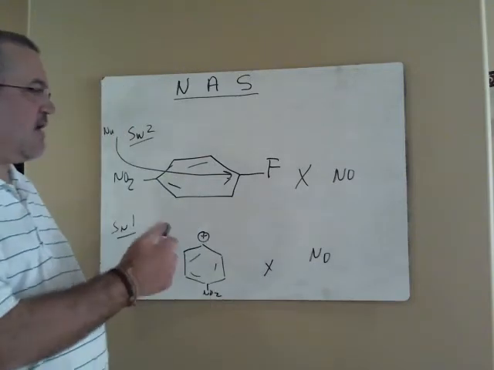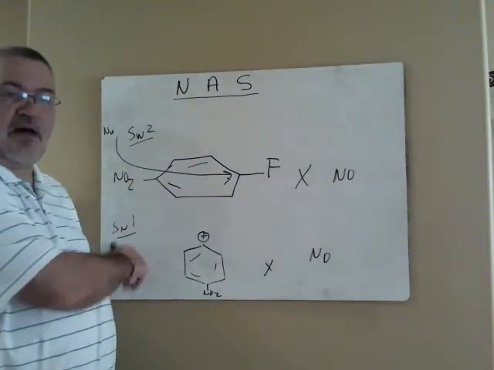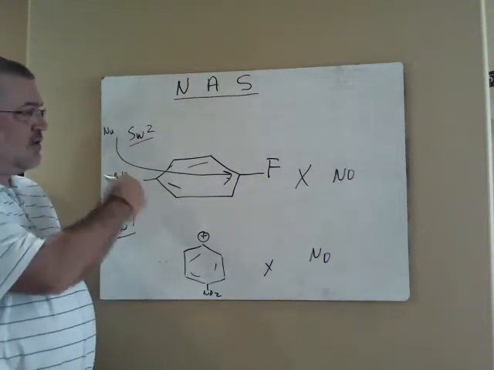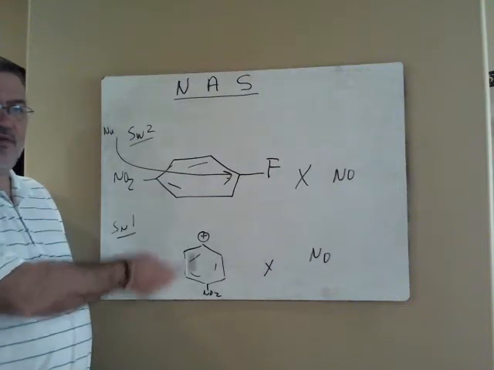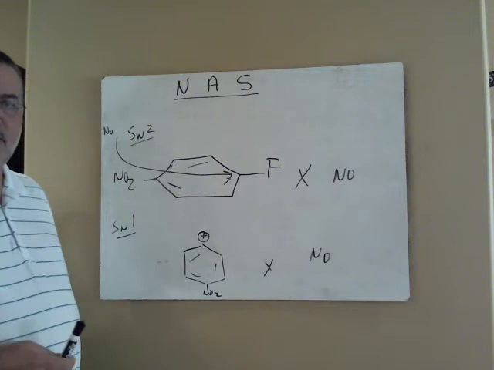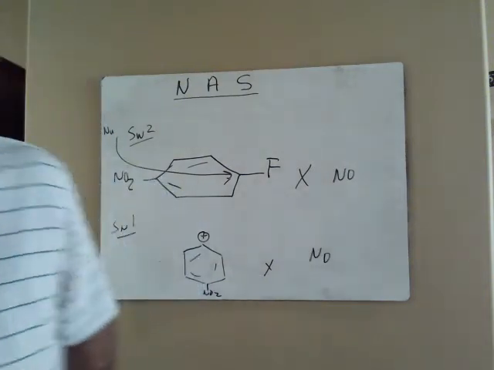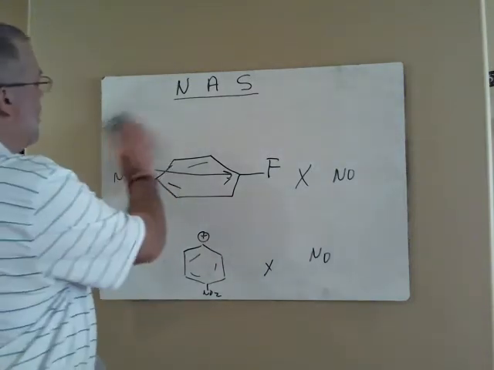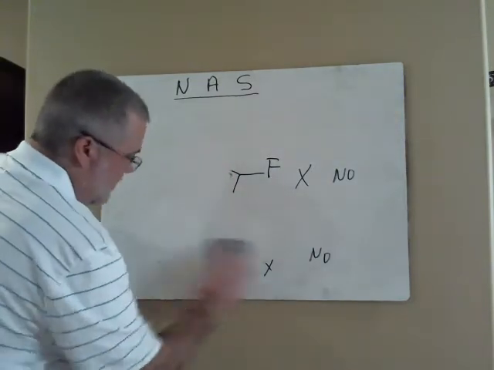Well, we talked about the fact that the only substitutions we know about thus far were SN2 and SN1. And we looked last time at the fact that neither one of these could be the mechanism by which this reaction occurs. So how does this happen? Well, it happens through a mechanism that we will call addition elimination.